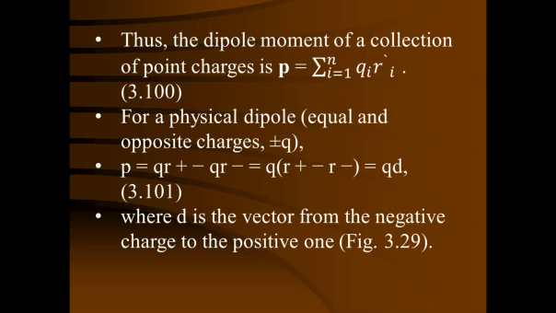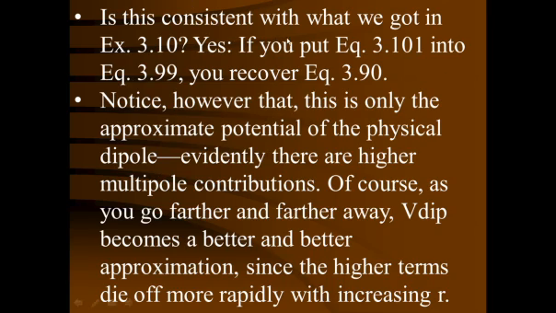That is the direction of vector p, we remember. Is this consistent with what we got in example 3.10? Yes. If you put equation 3.101 into equation 3.99, you recover equation 3.90.